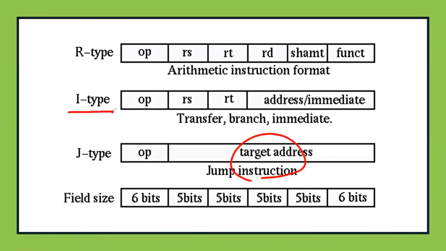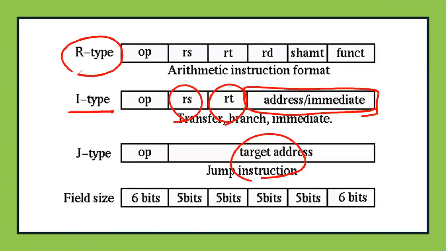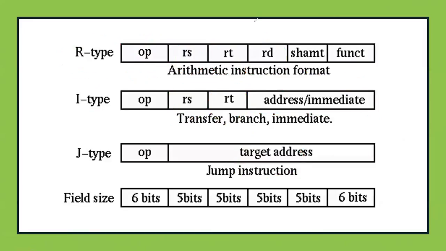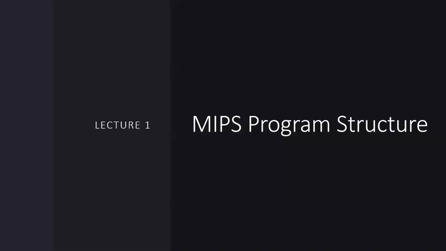I type is for immediate data, so it has an address or immediate data over there, and source register, target register. And here is the R type. You have the source register, the destination register, and a function field. This one is register to register operation. Is that okay? So remember the types R, I, J: J for jumping, R for register to register, I for immediate.